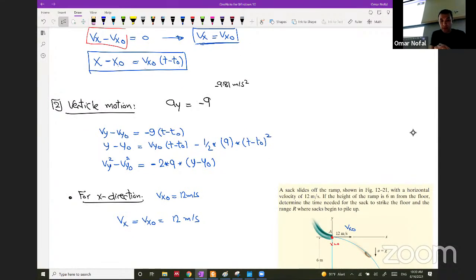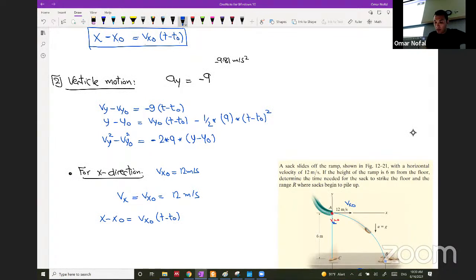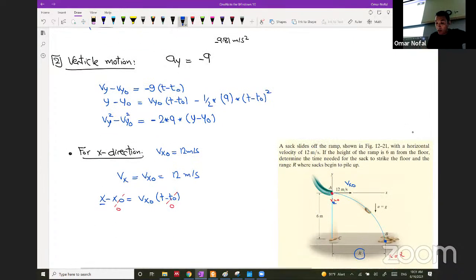If you solve the second one and put x minus x node equal to Vx node multiplied by t minus t node, t node is equal to 0, starting from rest here. So you will end up with, let's use the same color, x node here is 0, and t node here is 0, and x is equal to R, this location.